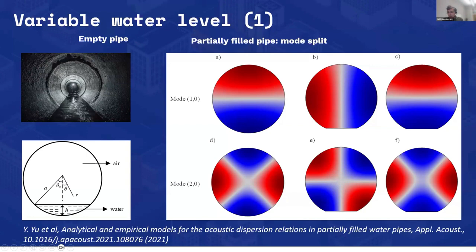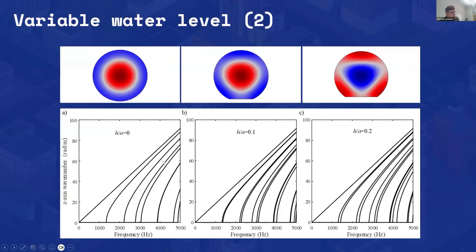It can be accounted for by using a more computationally demanding model like COMSOL, but we also developed algorithms which are very computationally efficient. They are based on approximations, so they can be deployed on a simple processor like a Raspberry Pi. This picture shows an example of that. The left figure is when there's no water in the pipe.